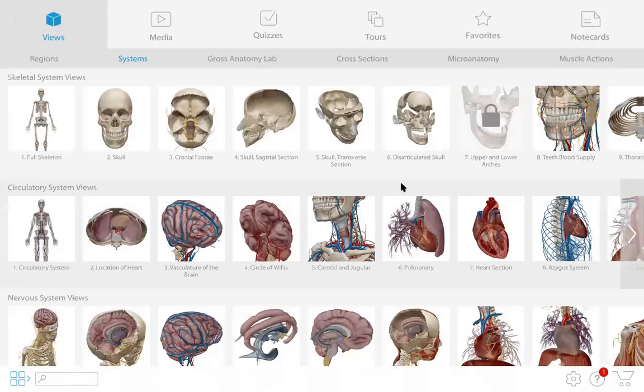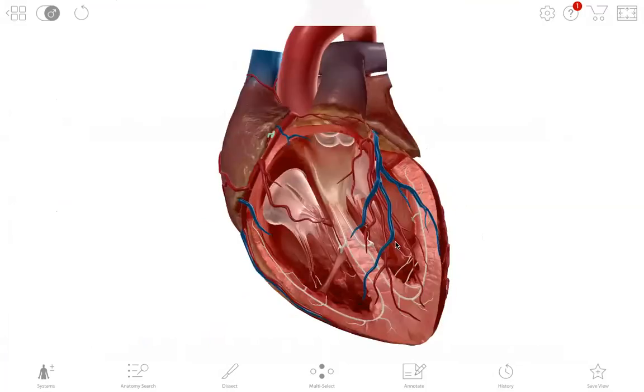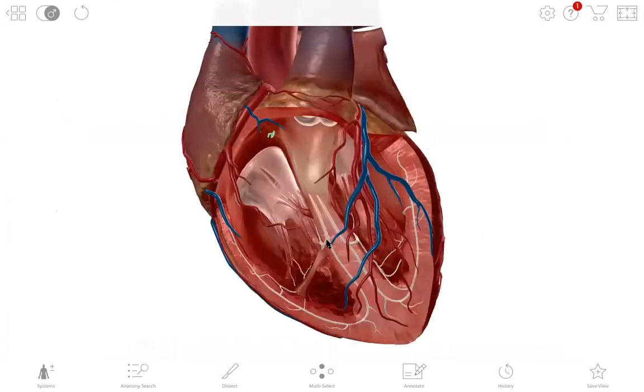Okay, now if we come directly to talk about the heart. We all know that the heart is a hollow muscular organ, and it is responsible for pumping the blood into the systemic circulation. In general, it is about 12 by 9 centimeters, and its weight is approximately 300 grams.